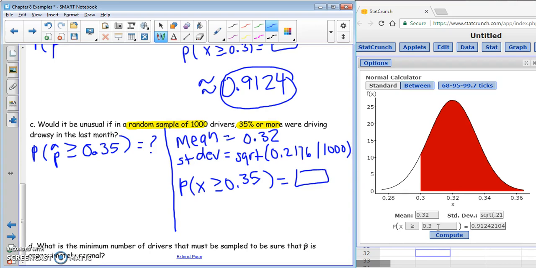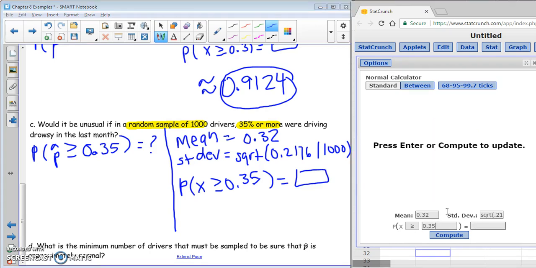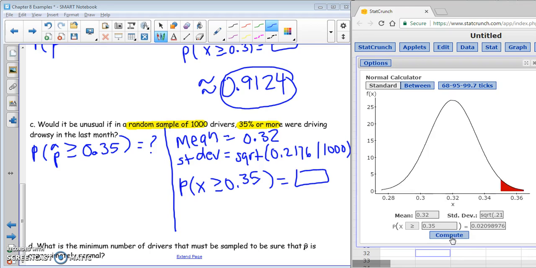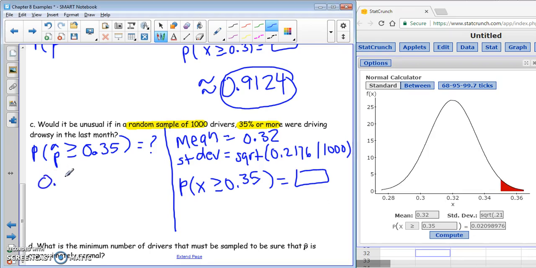That's what we're looking for here. So I just need to change this one portion here to 0.35 and compute. And so we're getting 0.0210, and careful here. Right?